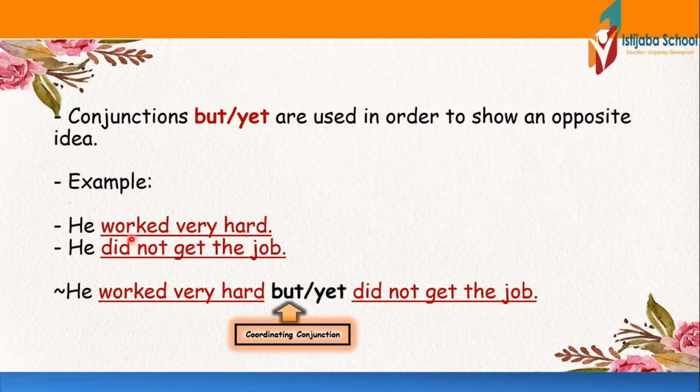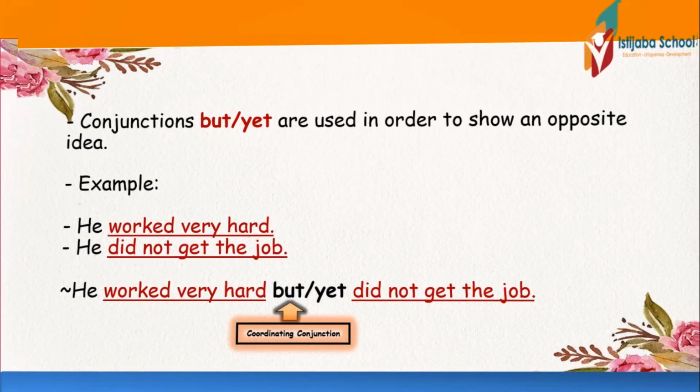So when a person usually works hard, usually gets the job. But the second sentence shows a contradicting meaning to the first one. So in this case, I use but or yet. So I say, he worked very hard, but did not get the job.